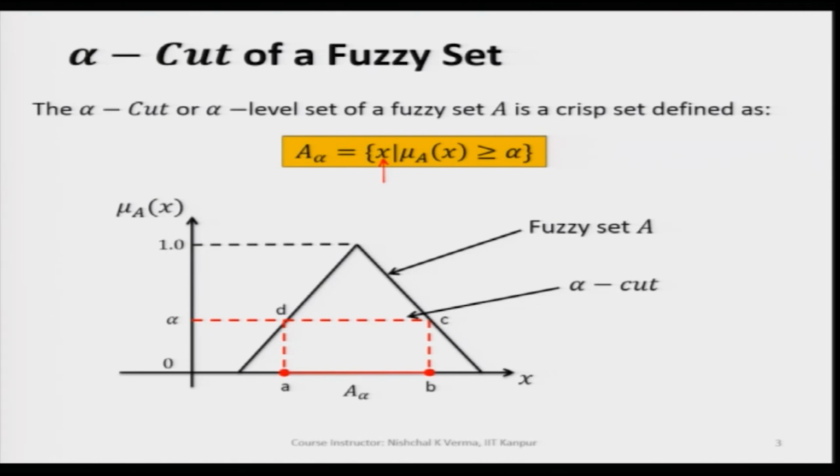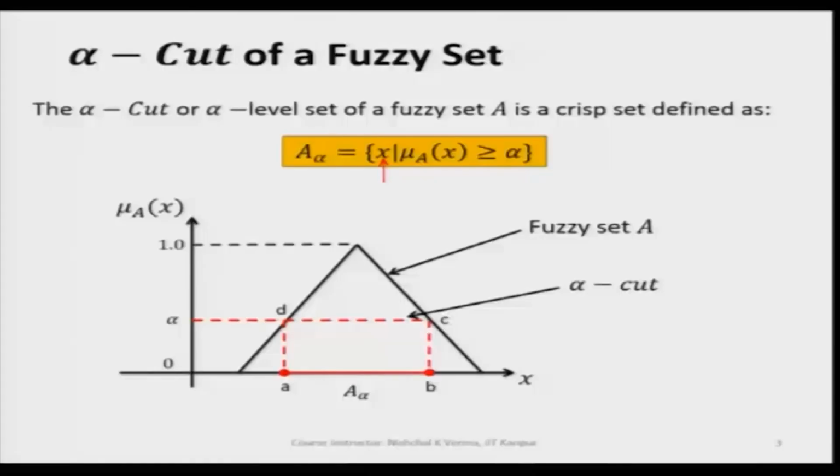So, what exactly does this mean? We have to collect all the generic variable values of a fuzzy set for which the corresponding membership values are either equal to alpha or more than alpha, and this is called the alpha cut of a fuzzy set.